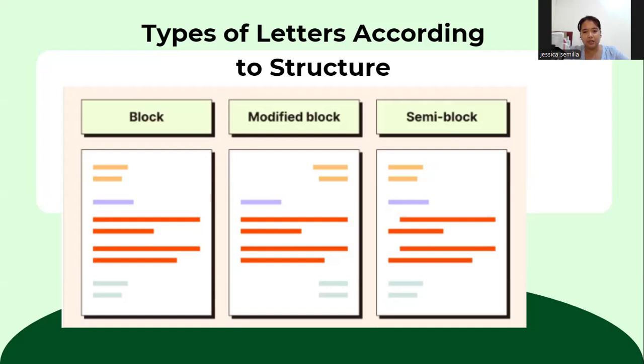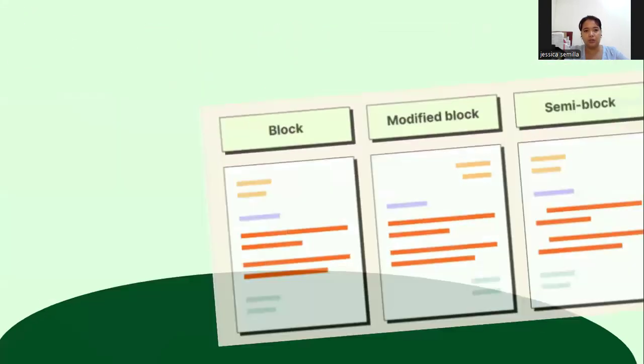The first sentence of each paragraph in the body is indented. The closing line and the signature line are in line with the letterhead at the left alignment. So those are the types of letters according to structure.